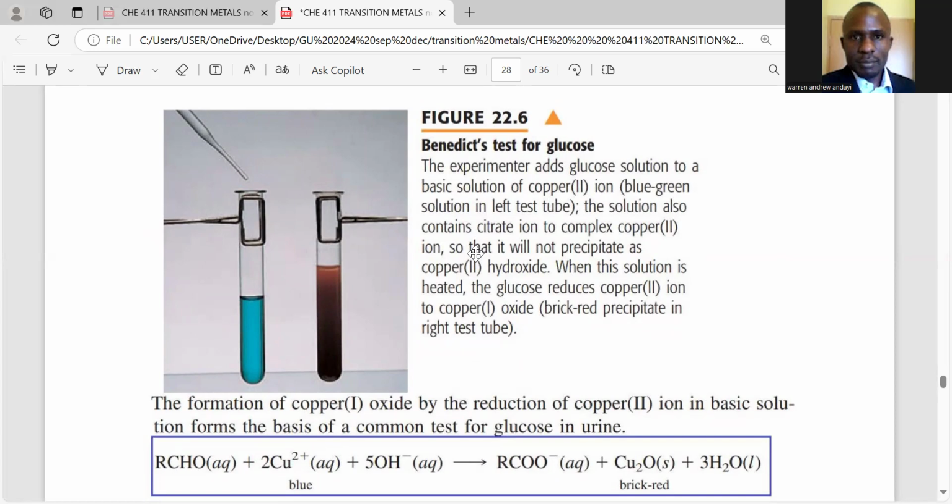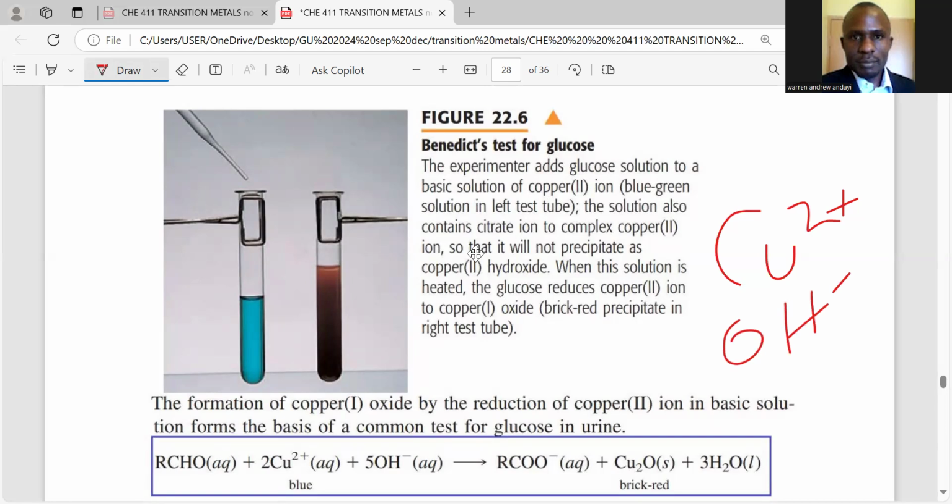An experimenter adds glucose to a basic solution of copper 2 ion. What does it mean, basic solution? It means you take copper 2 plus, whichever salt, then you basify. How do you basify? By adding hydroxide. Then after that, what next?